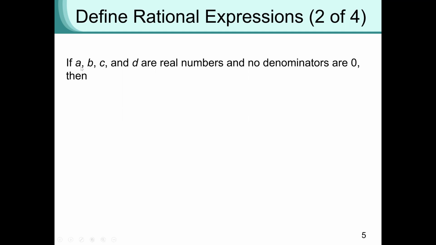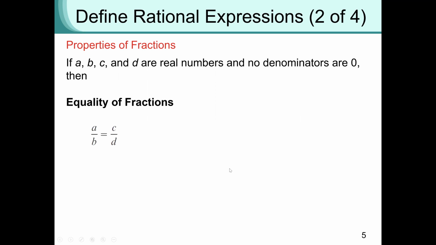Here we said if A, B, C, and D are real numbers, and we make sure that the denominators are not 0, then we have what we call the equality of fractions.